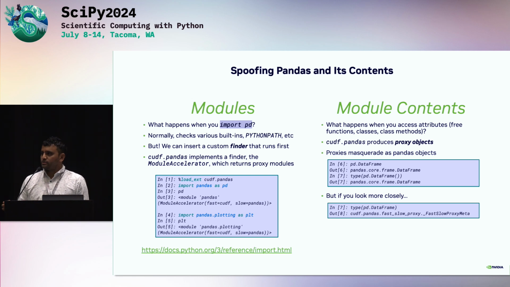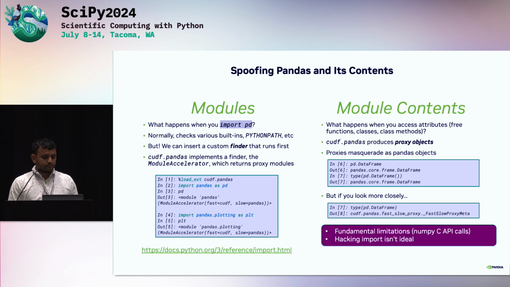If you check most of their standard attributes, you won't be able to tell. But if you know where to look, you'll see that these objects are instances of this custom fast-slow proxy type. And that really is hiding this detail of, okay, if you request like pandas.DataFrame.apply, try to run this on a GPU using cuDF. If it fails, come back and run it on a CPU.